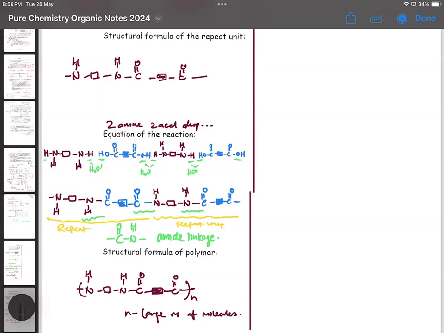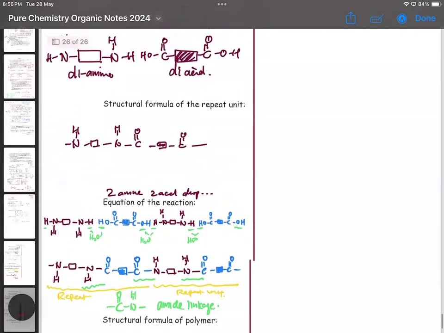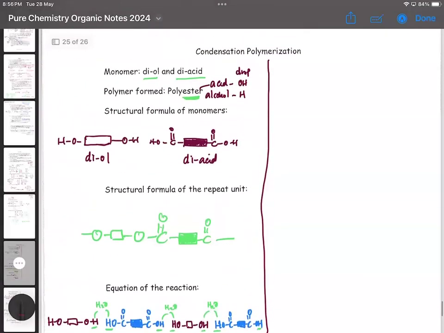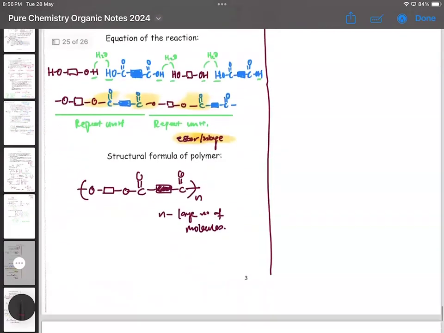All right, any question from anyone? Okay, so you can see from both the polyamide and the polyester, they require two different monomers. One of them, like in this case for the polyester, one of them containing 2 OH, the other one containing 2 acid.